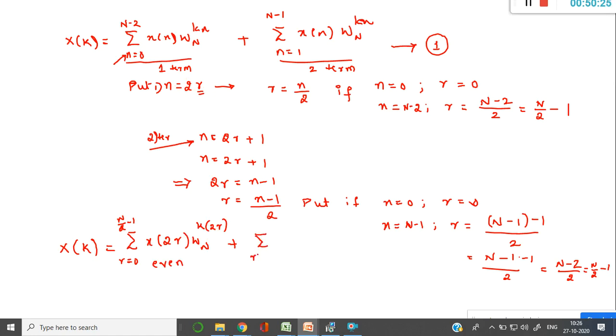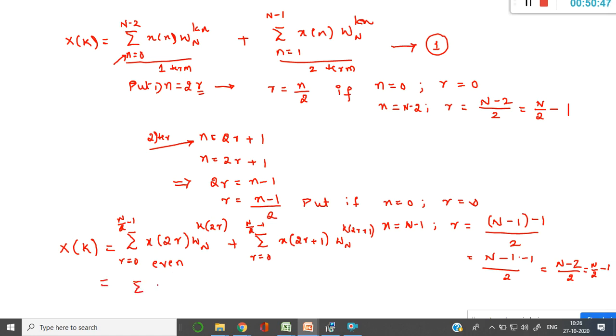For the odd sequence the limits again range from 0 to n by 2 minus 1, but what is the value of n? It is 2r plus 1, W_N^{k(2r+1)}, right? Look at this, you just simplify this equation now.